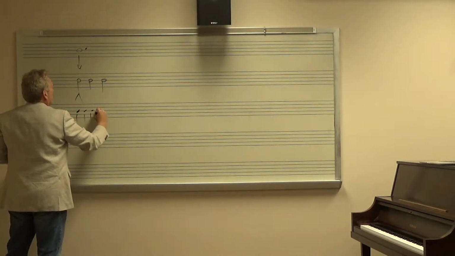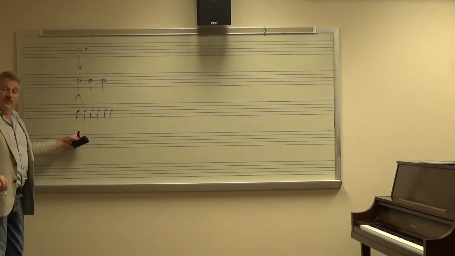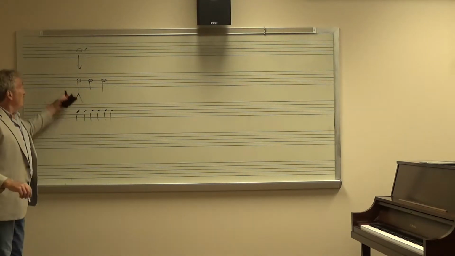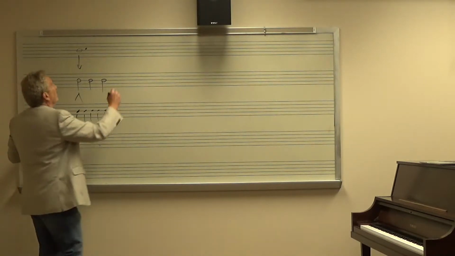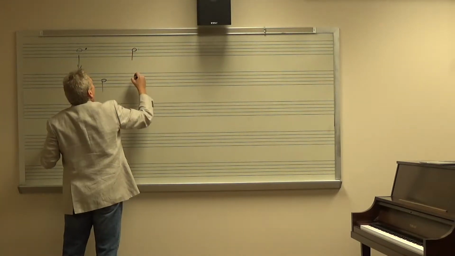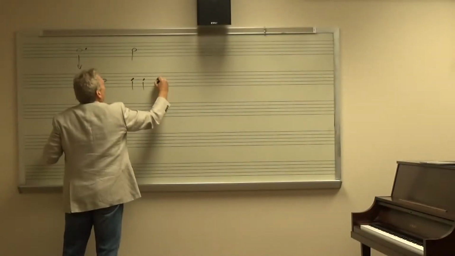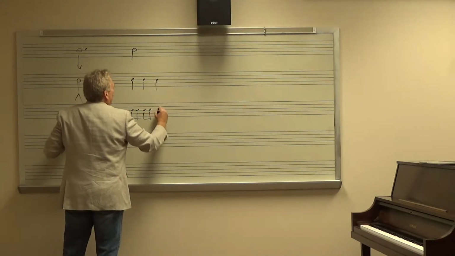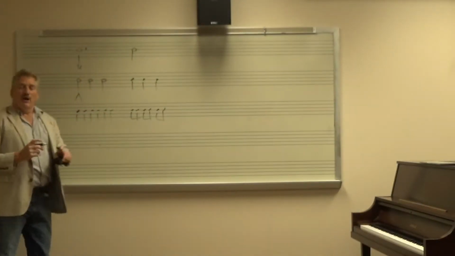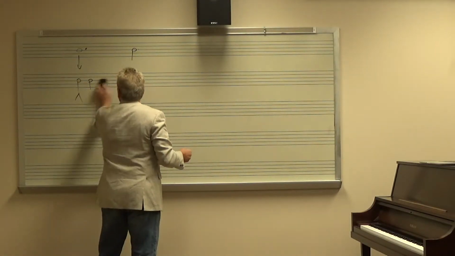So my division at the second level, when I start to subdivide, will be in 2, not in 3. That subdivision in 3 only exists at the first level. My dotted half note will be 3 quarter notes, but each one of those quarter notes will divide into 2 eighth notes. And we'll learn later, if we want to indicate subdivisions below that in 3, how to do that using triplets and tuplets.